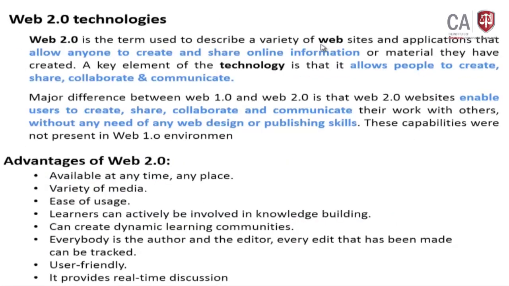Okay, what are Web 2.0 technologies? Web 2.0 is the term used to describe a variety of websites and applications that allow anyone to create and share online information. There are two key things: create and share online information by anyone.